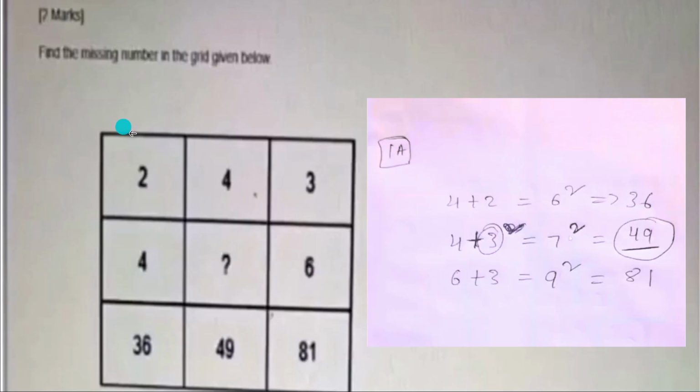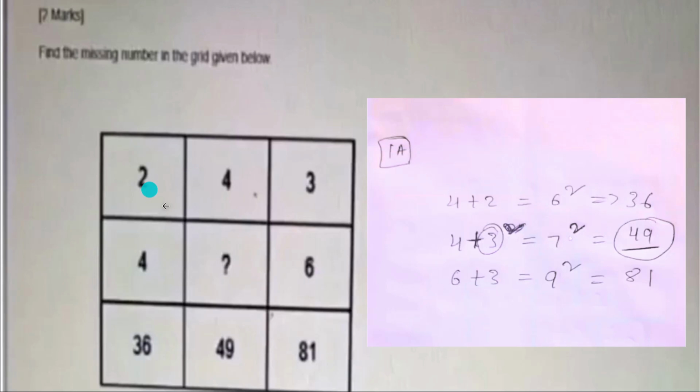The puzzle questions are 2 marks each. There will be 4 puzzle questions, and each puzzle question is 2 marks. If you solve 2 questions, the cutoff will be maintained in the sectional cutoff marks.